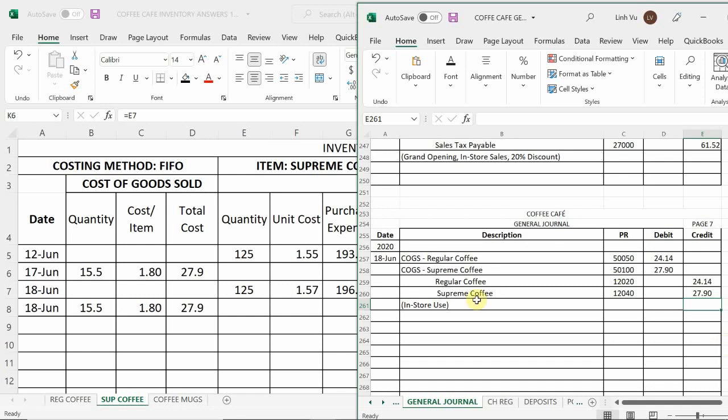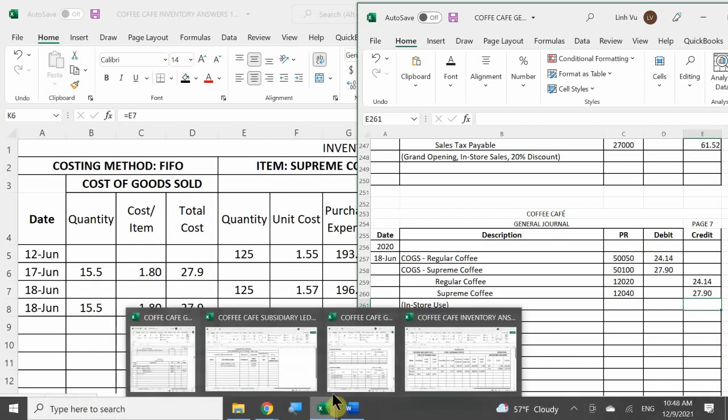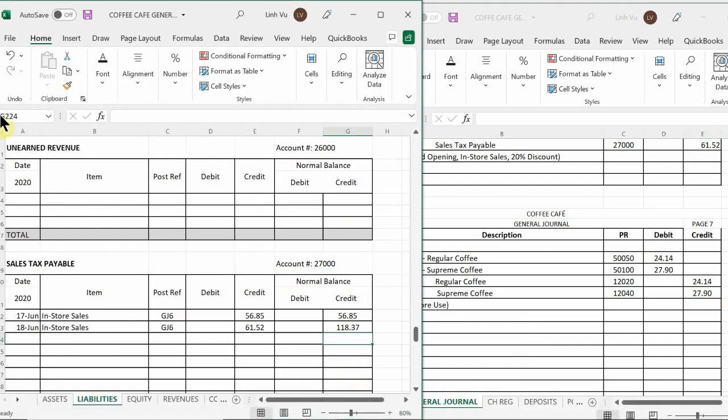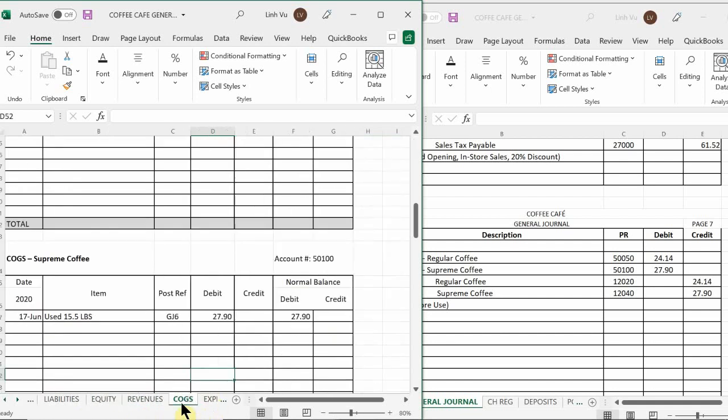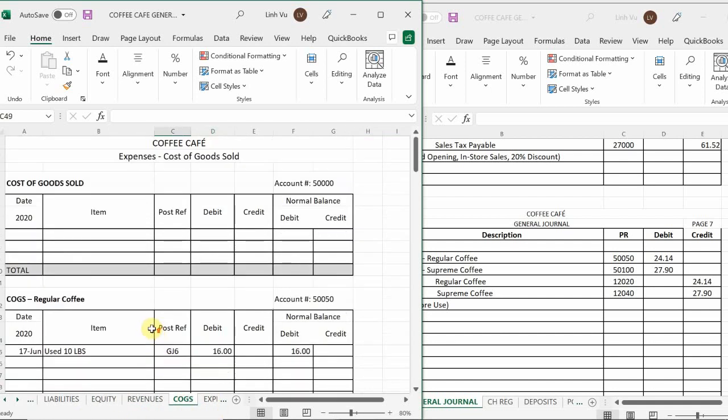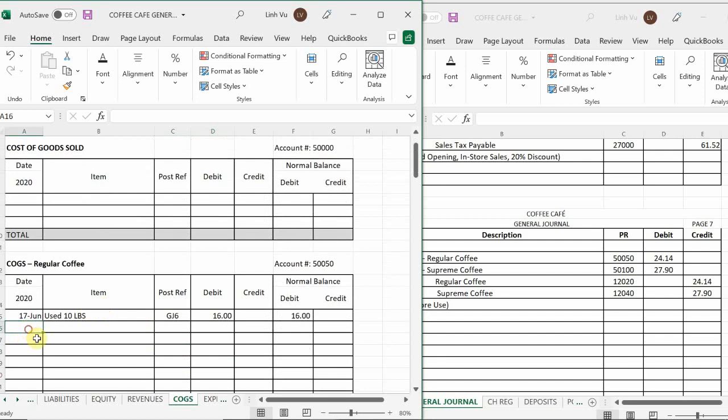And now we go to the general ledger. Good. So starting off with cost of goods sold for my regular coffee.